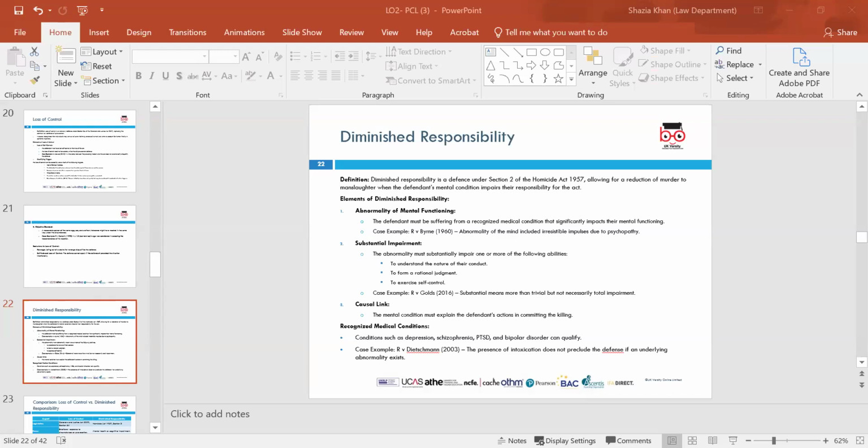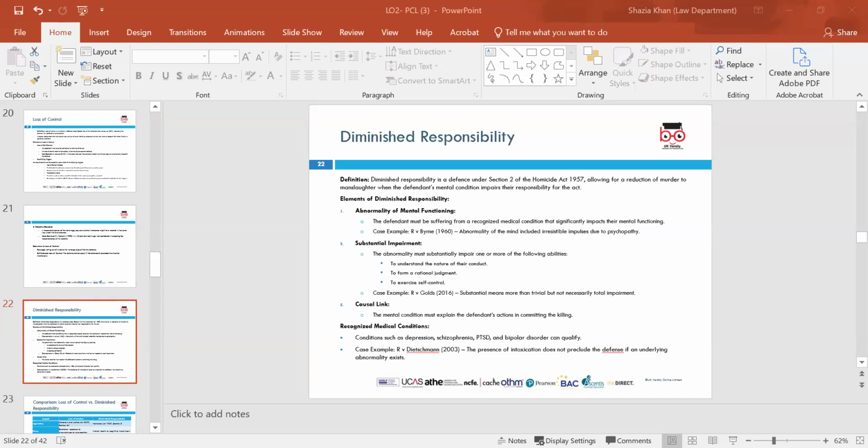Forensic psychiatrists and psychologists are often called upon to assess the defendant's mental state at the time of the offence. Their expert witness reports help the court to understand the extent of the defendant's mental impairment and its impact on guilt. And this is seen in cases such as R v Golds 2016 and Dietschmann 2003.